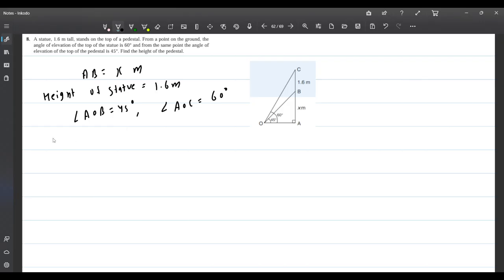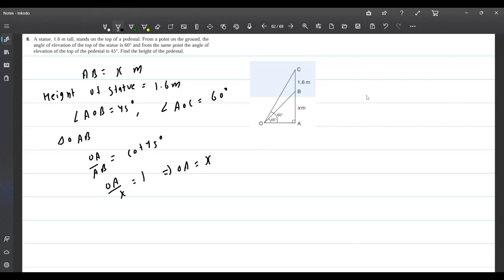So in a right angle triangle OAB, OA upon AB, which is equal to tan 45 degree. So this is equal to OA upon x is equal to 1. So this is equal to OA is equal to x.